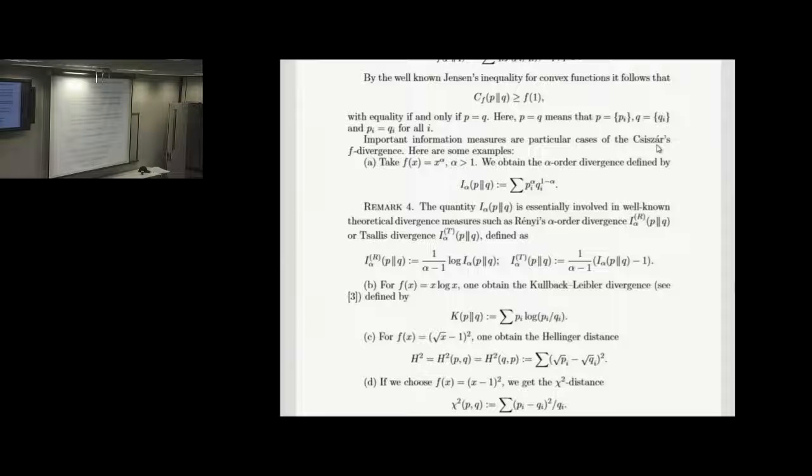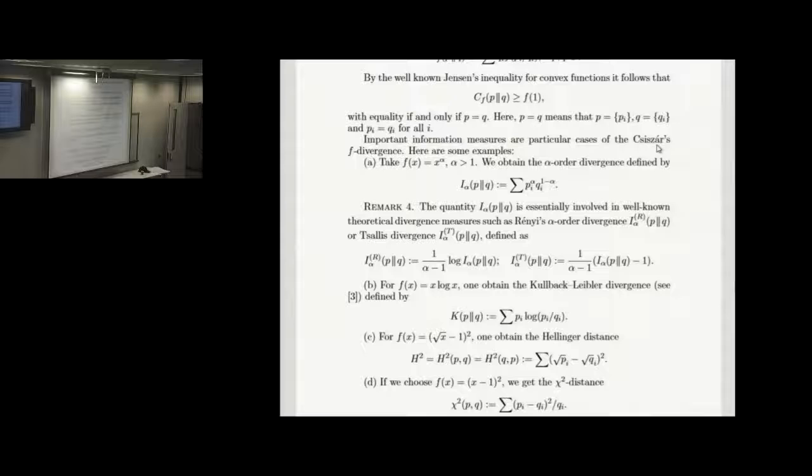Why? Because when you calculate the second derivative, you get this: first, the logarithm plus 1, second, 1 over x. And this is greater than 0 because x is greater than 0, because of this logarithm. So this is a convex function.